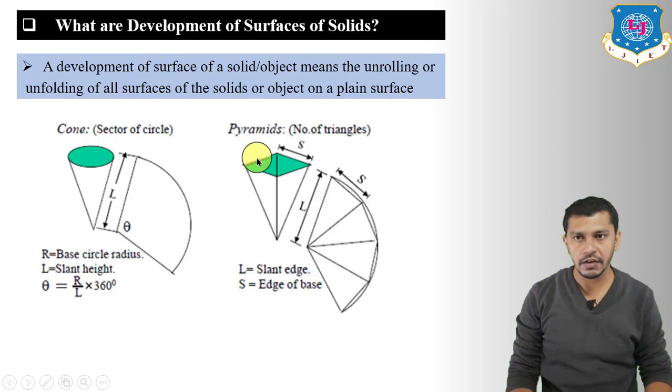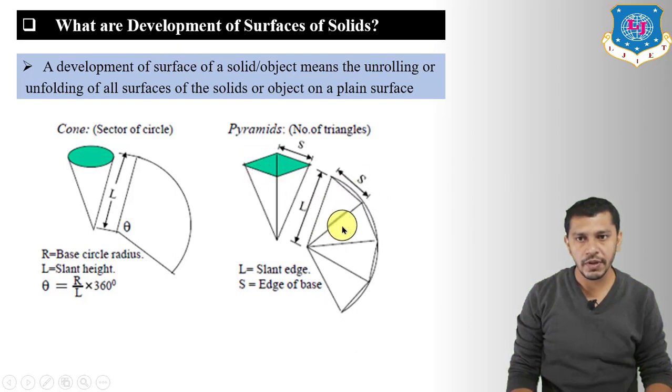So here we have taken the square pyramid, and in case of the cone and pyramid, the development will be radial. So the development of the square pyramid will be a number of triangles attached at the same point. So right now we have 4 triangles which have a side length equal to L and base length equal to S, where S is the base edge length of the square pyramid.